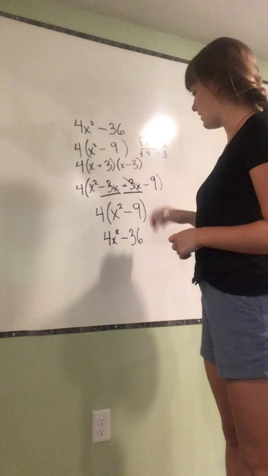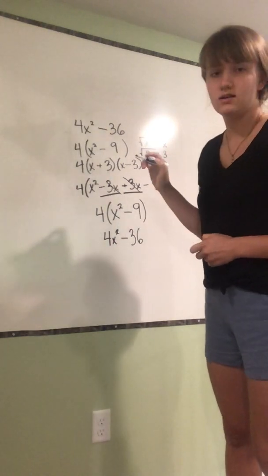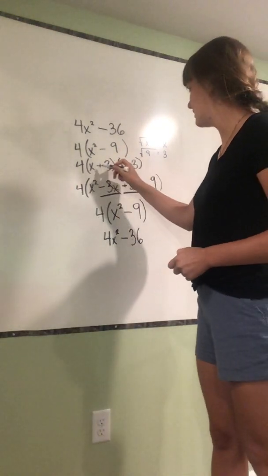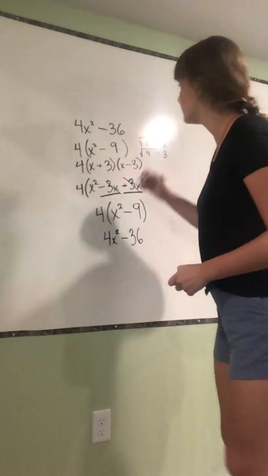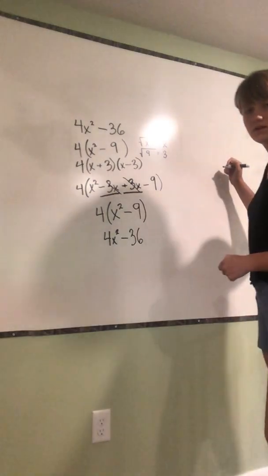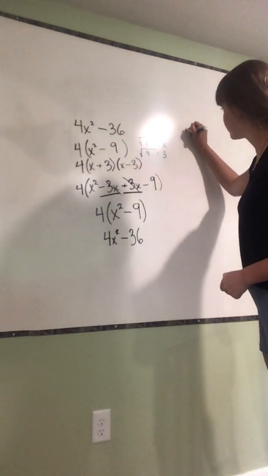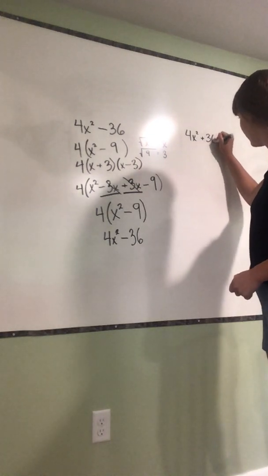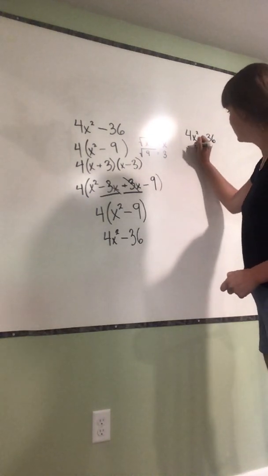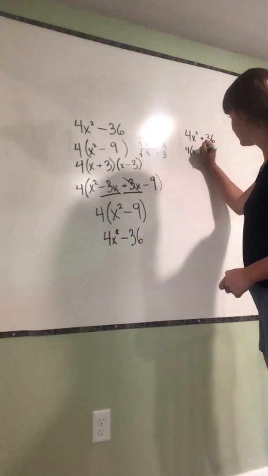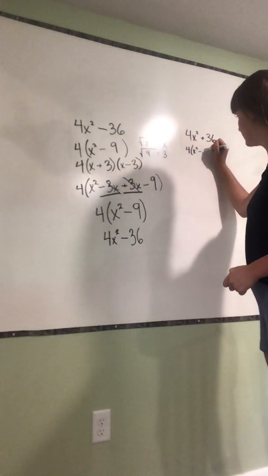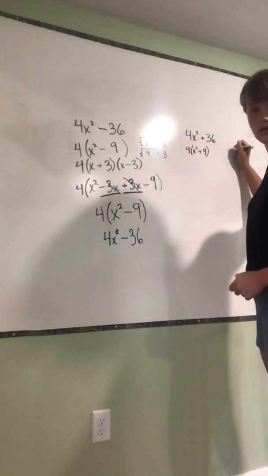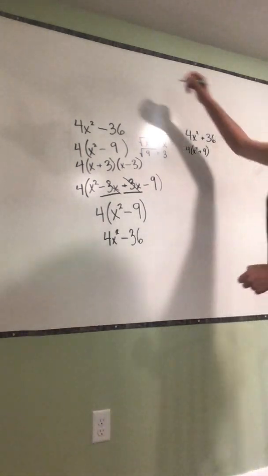Now, here I'll show you why you can't do any factoring when it's positive. If you would try to do this here, can I fit over here? Okay, good. So 4x squared plus 36, let's say. We'll do the same thing as before: 4 times x squared plus 9. So, can you still see? Here, I'll do it up here.